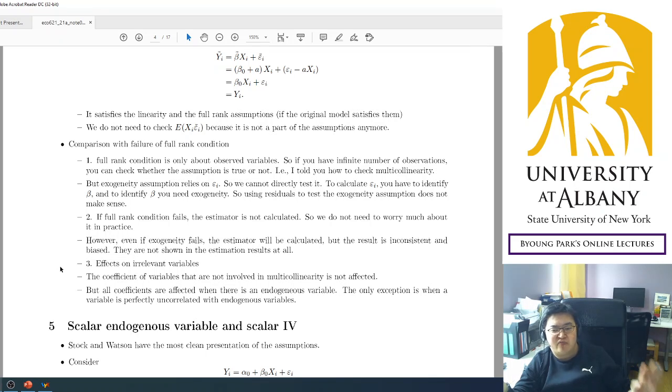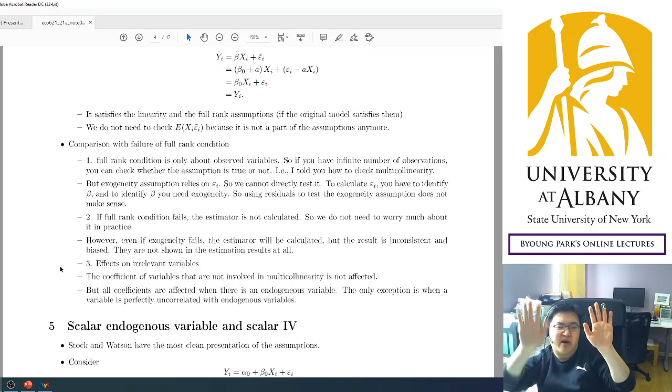So for example, you have x1 and x2. You know that x1 is exogenous but uncertain about x2. So x2 could be a problem potentially. Even though x1 is totally fine, the problem in x2 still affects x1's coefficient.